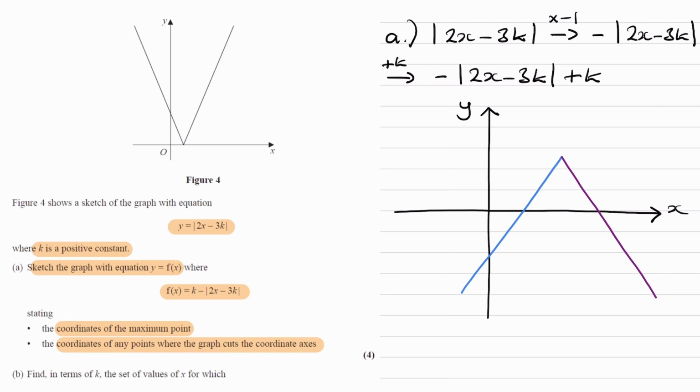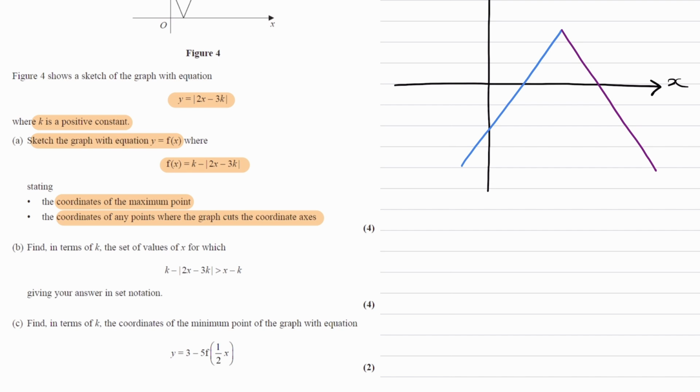To get the equations of the two lines, the blue and the purple line, we want to consider this function over here. One of the equations of the lines would be k minus the positive of what's inside this modulus symbol, and the other line would be k minus the negative of what's inside this modulus symbol. So let's start with the positive version. y would be equal to k minus the positive of 2x minus 3k, so not changing the sign of what's inside the modulus symbol.